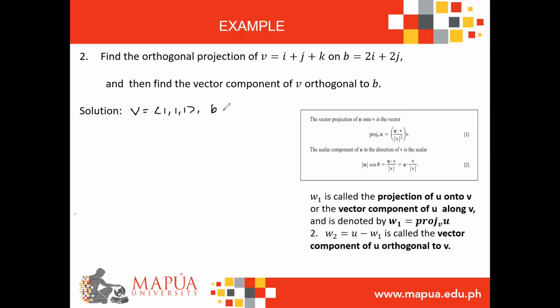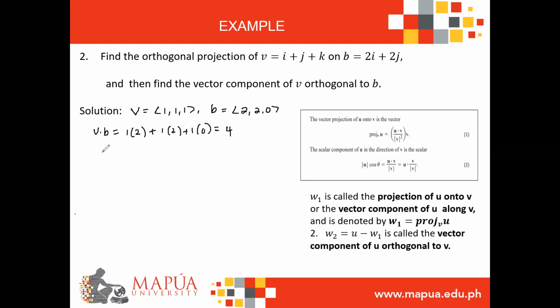Then the other vector, vector b, we have as 2, 2, 0, because we have 2i plus 2j, so there's no k. That means it is 0 for the third component of vector b. Let's now find the dot product. So v dot b equals 1 times 2 plus 1 times 2 plus 1 times 0, which equals 4.